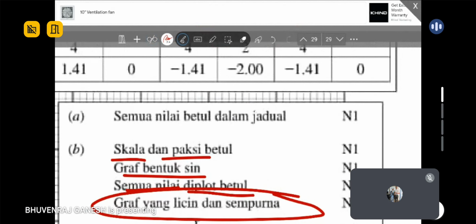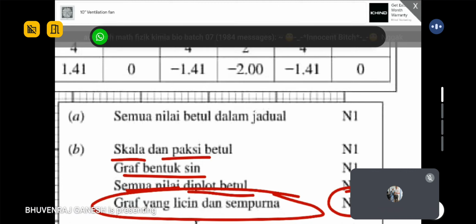So how do you get the fourth mark, guys? Who knows? It means that when you draw the graph, you must draw it smoothly. Don't have a certain part of the line look very thick and a certain part look very thin. Make sure it is uniform throughout, and always draw freehand. Otherwise you might not be able to score the last mark.